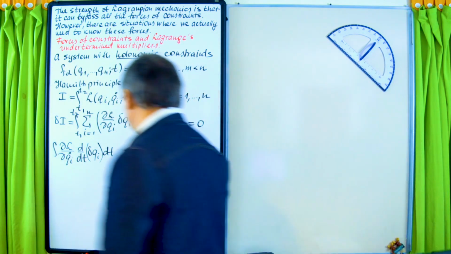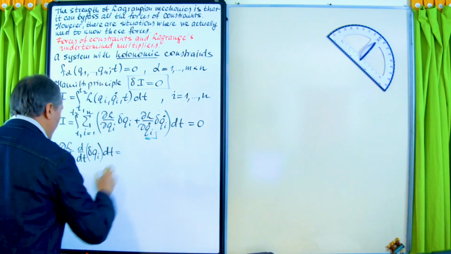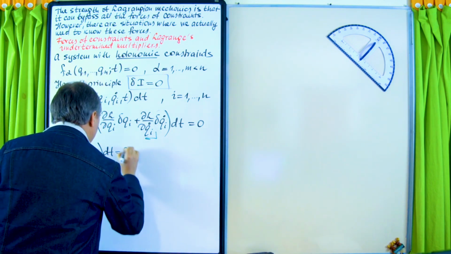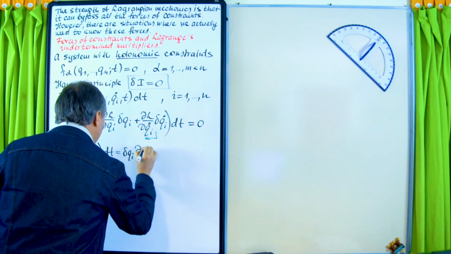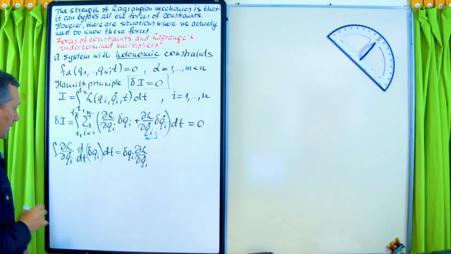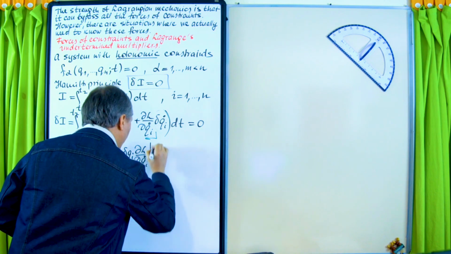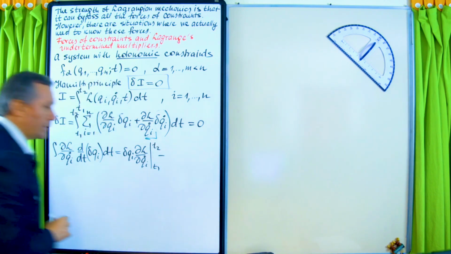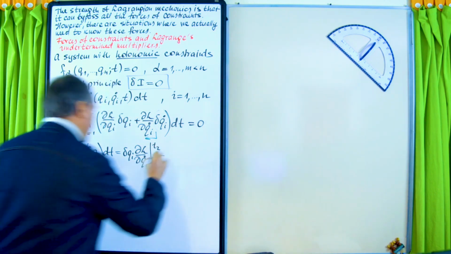Okay, and now by parts, of course, it will be delta q_i times the partial derivative of L with respect to q dot_i, with limits from t1 to t2, minus the second term.